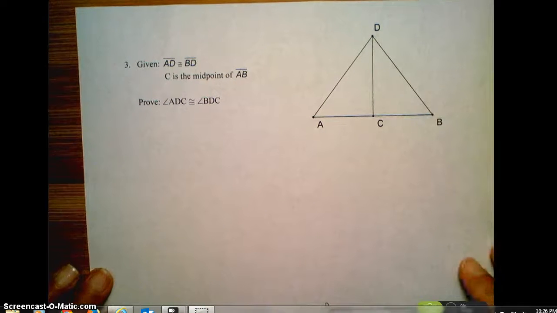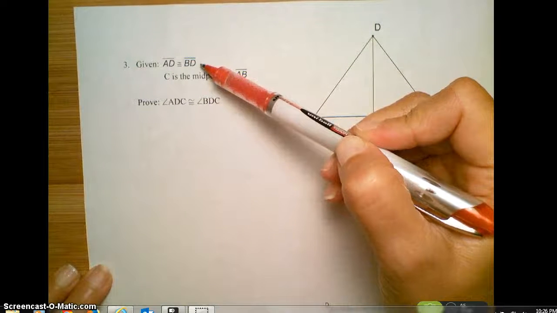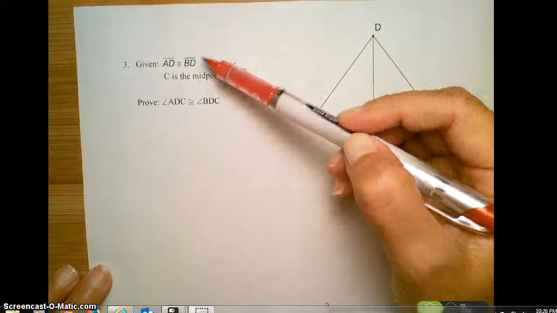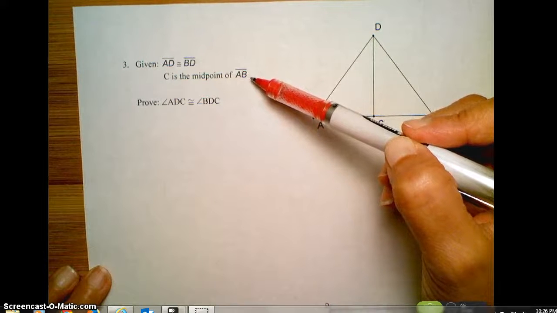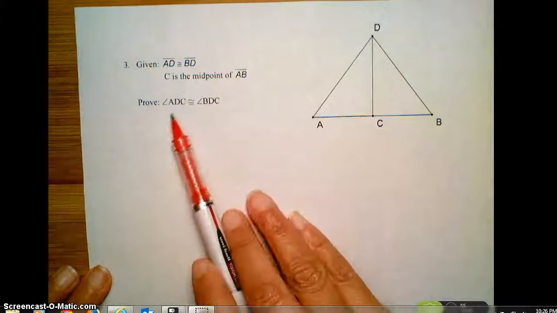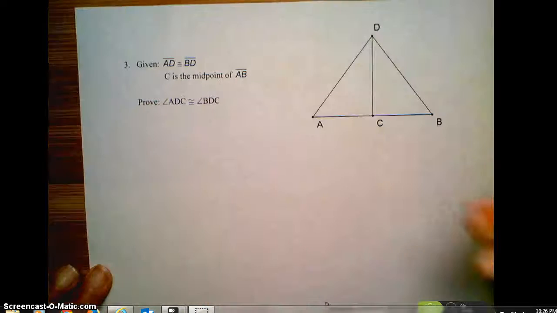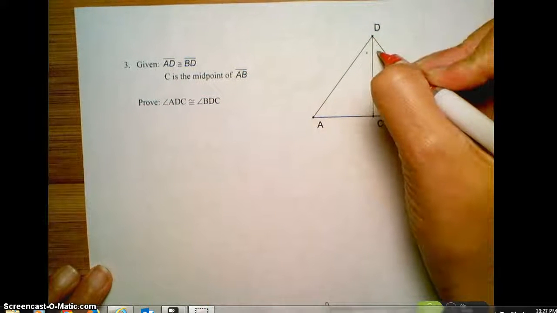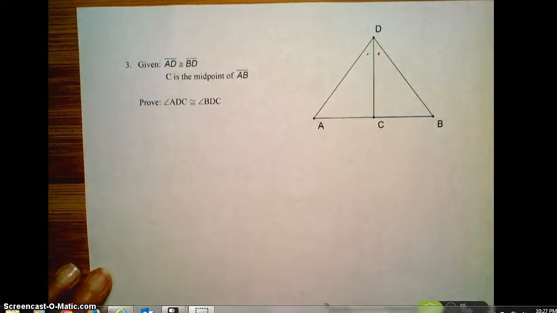Okay, here's page 3, example 3. We are being given that segment AD is congruent to segment BD. We're also being told that C is the midpoint of segment AB. And we're being asked to prove that angle ADC is congruent to angle BDC, and that's these two guys right here. So, first thing we're going to do is mark the picture.